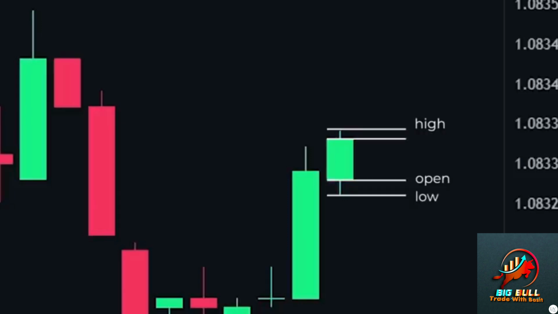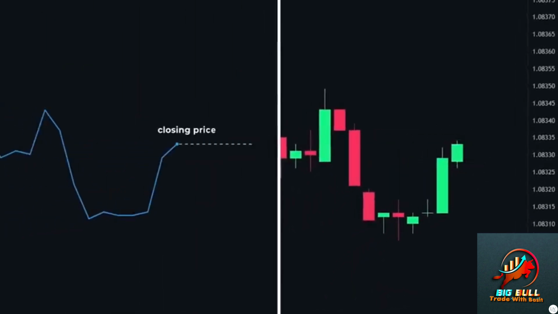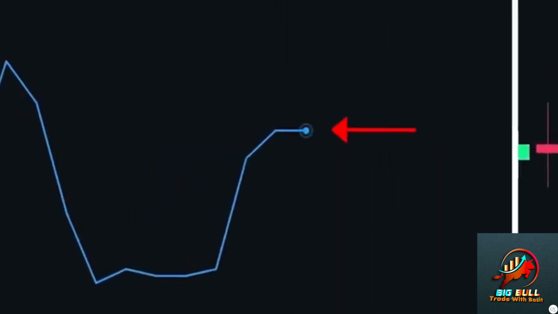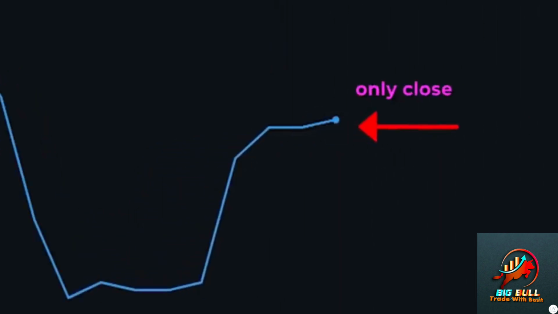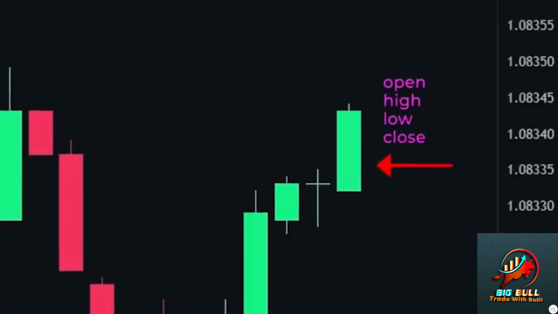Then, there's the low, which is the lowest price reached during that period, and finally the close, which is the closing price. If you were to use only the line chart, the closing price would be the only information you'd get. To see this more clearly, here's a comparison between a line chart and a candlestick chart forming. As you can see, the line chart only displays the closing price for each period, while the candlestick chart shows more information about price movements during the same period.